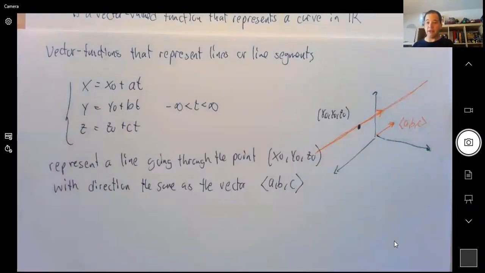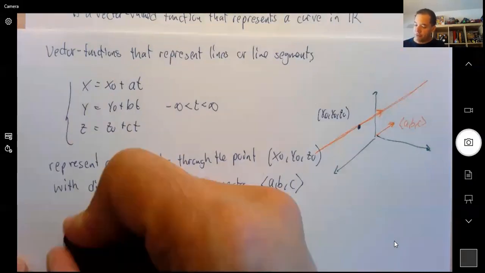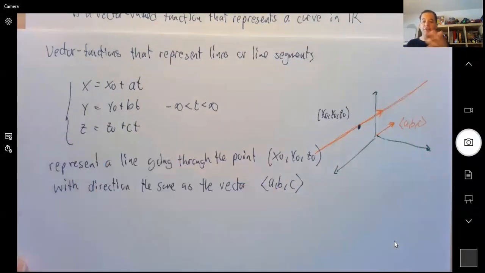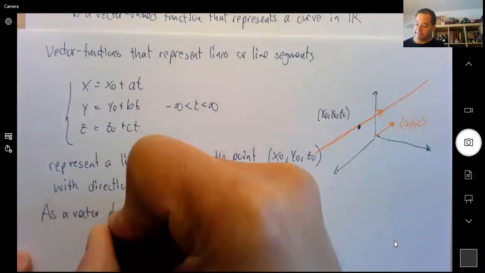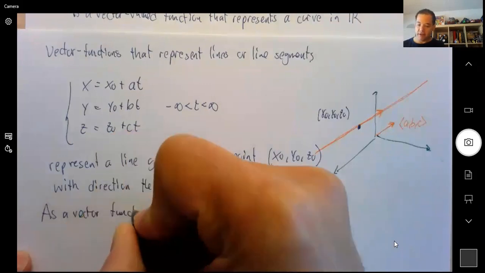Now, our easier way of doing it with vectors is to be compact. Vectors have this nice property of being able to write things down in a concise way, right? Instead of three equations that determine the line, we're going to have one. As a vector function, here's how we can write it.